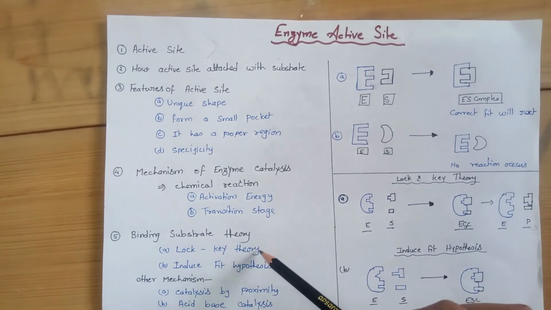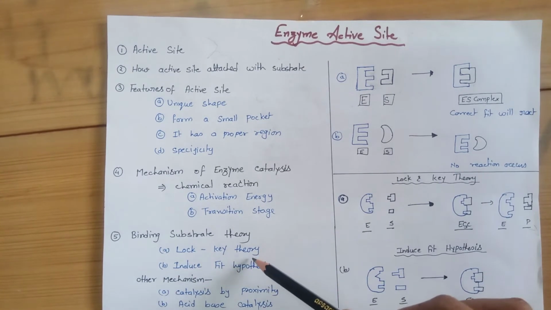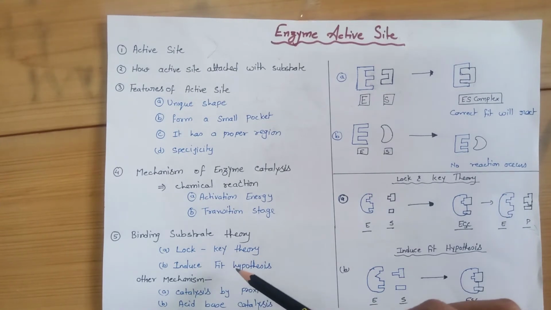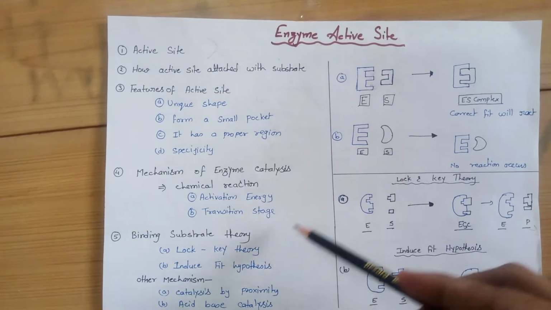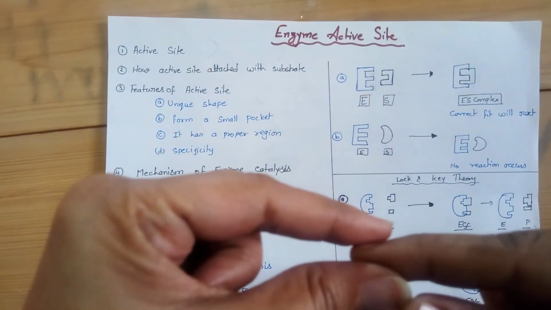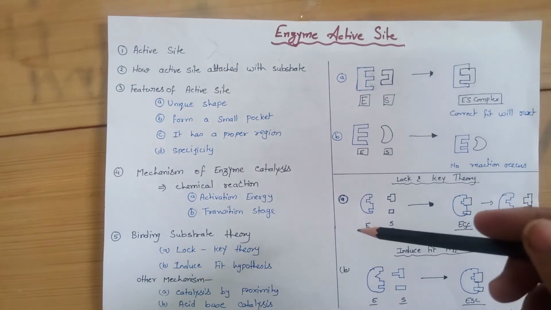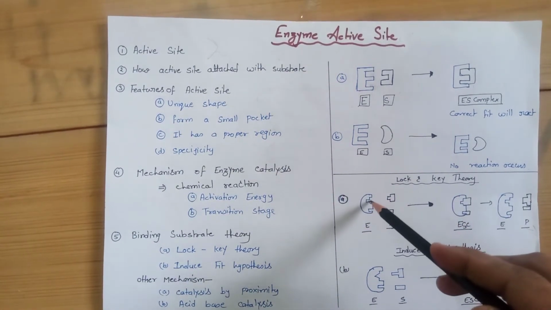In this theory we can say that a specific key can open only a specific lock, as the name shows. In the same manner, a specific enzyme can transform only one specific substrate into the product, meaning a specific enzyme can bind with the specific substrate and make a complex. According to this model, the active site has a rigid structure.